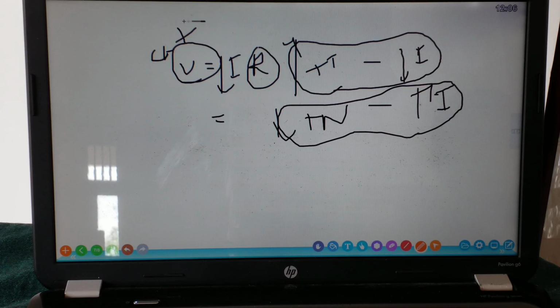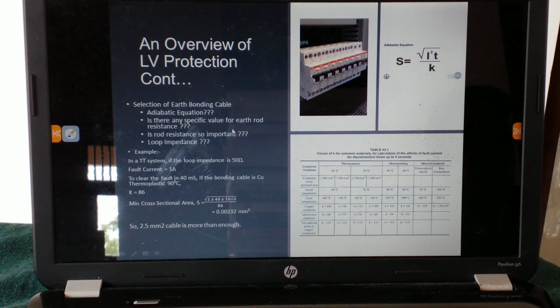In this equation, the R is your loop impedance, not the rod resistance. So rod resistance is not important, maybe 10, 100, 200, 500, whatever. The most important is the loop impedance. But we can get a good sense by measuring rod resistance. Yes, if our rod resistance is very high, definitely our loop impedance is also very high.